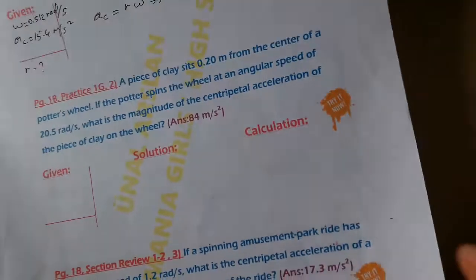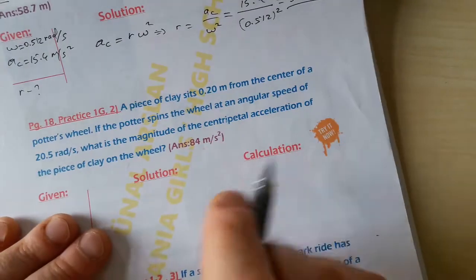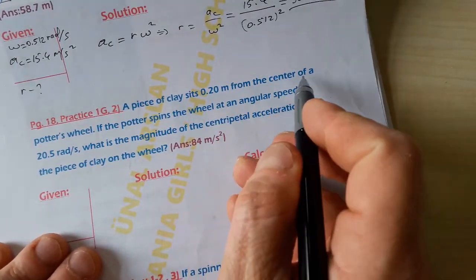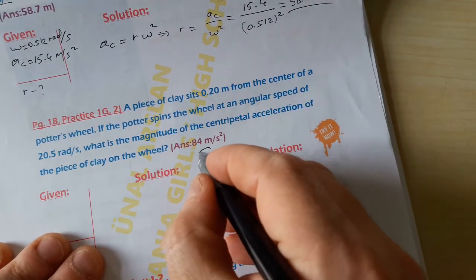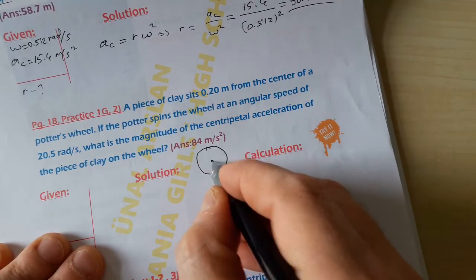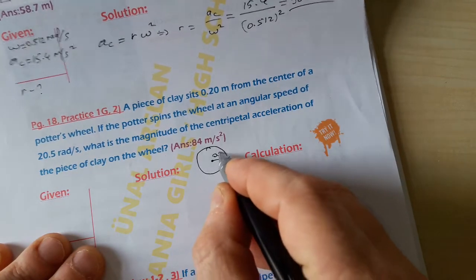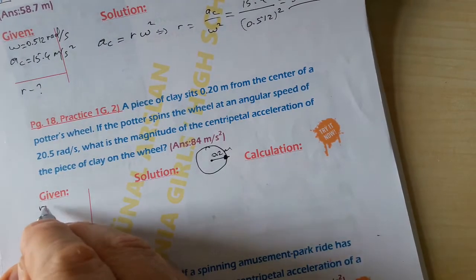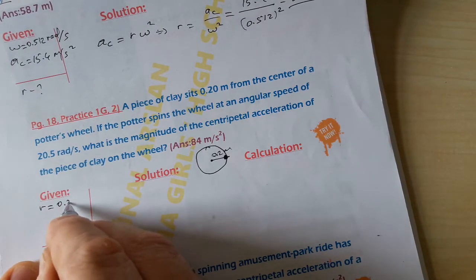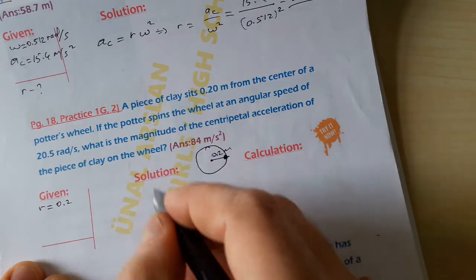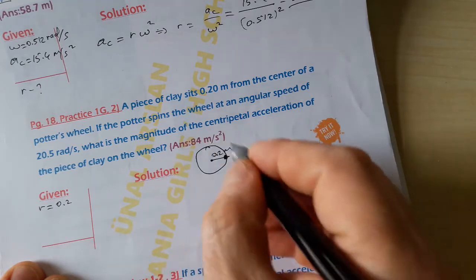Now question number 2. A piece of clay sits 0.2 meters from the center of the potter's wheel. So the potter's wheel is a kind of wheel. It is the center. A piece of clay sits somewhere here, which is 0.2 meters from the center, which is the radius of the circle, because this piece of clay will make a circle.